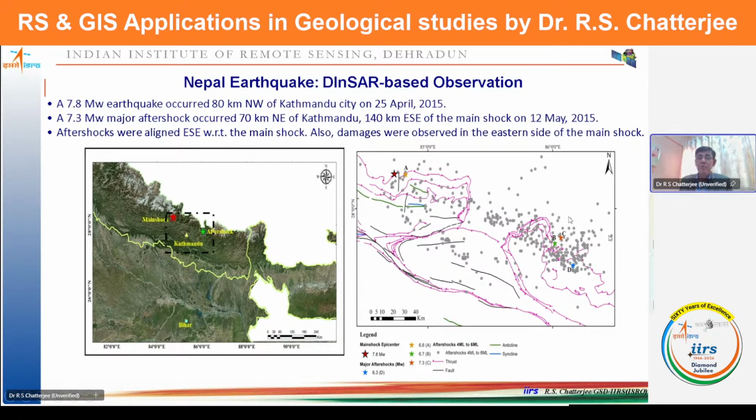One of them, on 12th May, was 140 kilometers from the main shock, with a magnitude of 7.3 at Kodari village. This is the main shock, and this is the aftershock.